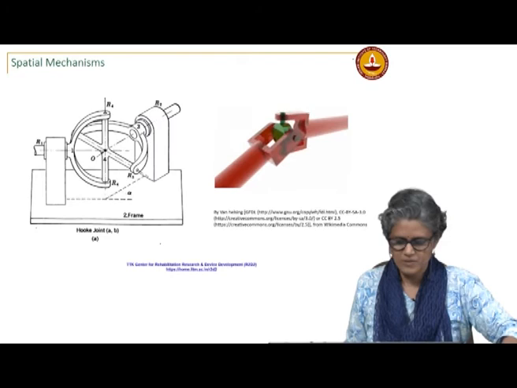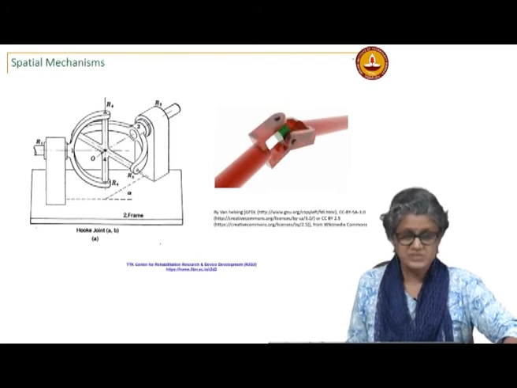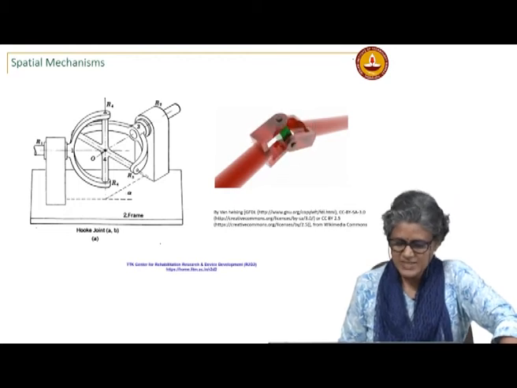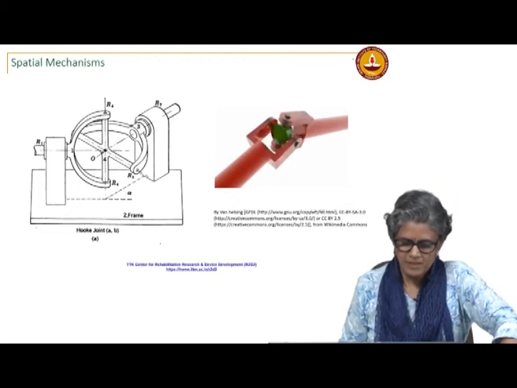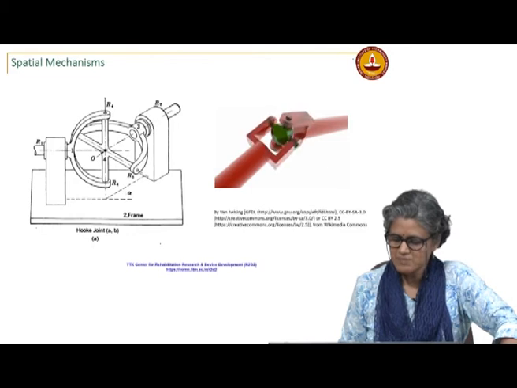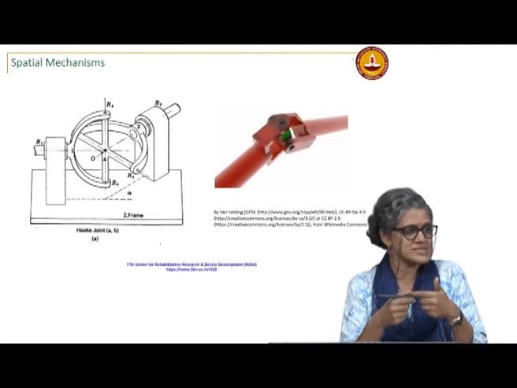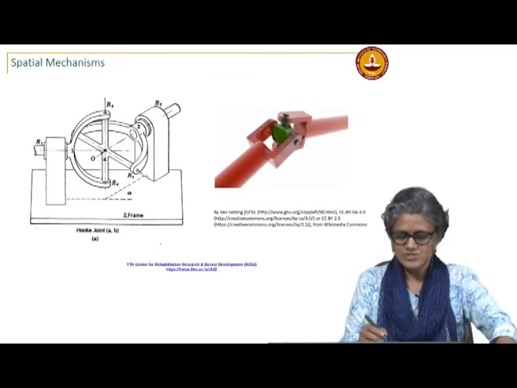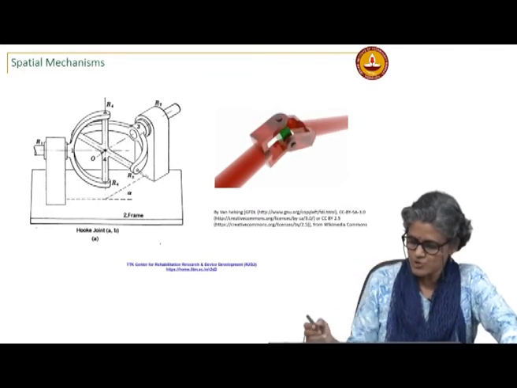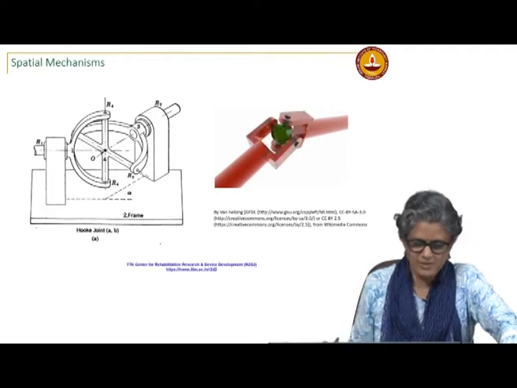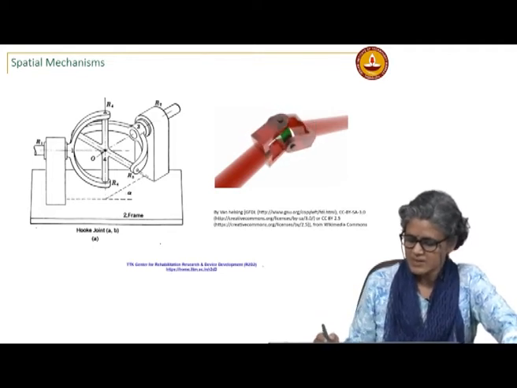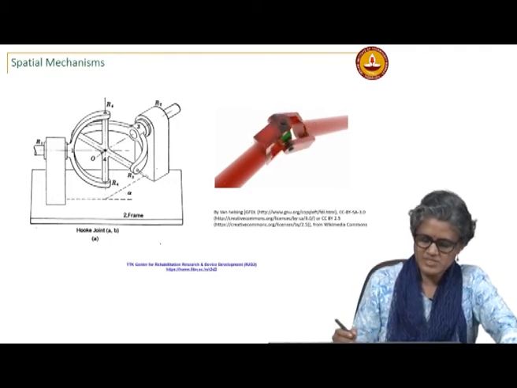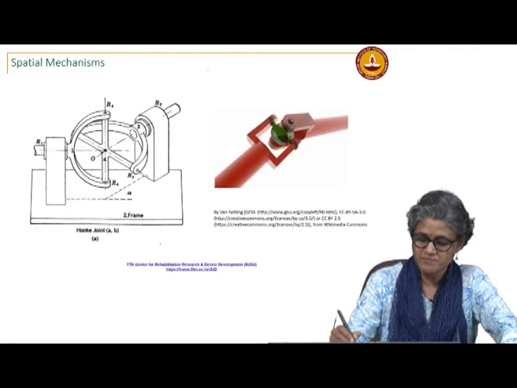Okay. So, this is some more examples. A special case of the spatial mechanisms is when all the axes of rotation intersect at a point. And so, you see here this is your hook joint. You can see that it is transmitting from one shaft to another, and this is a 4R mechanism.